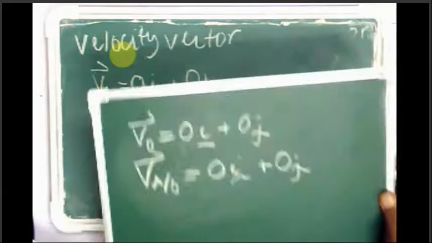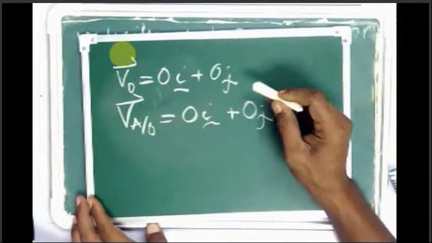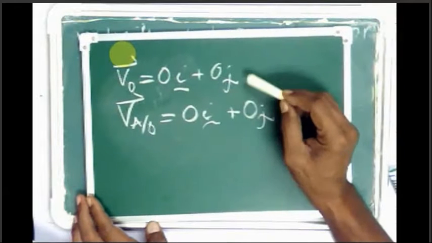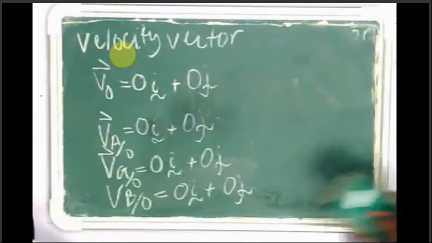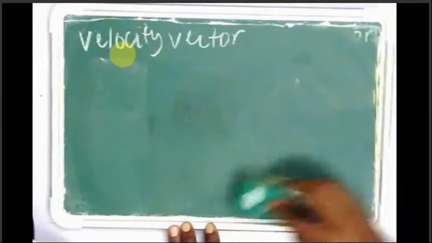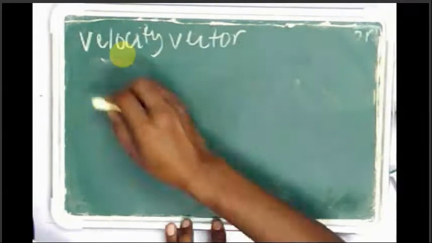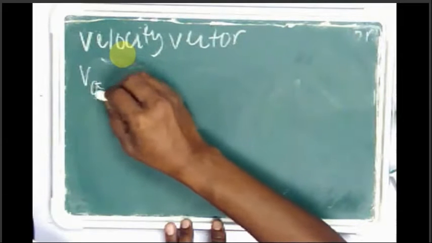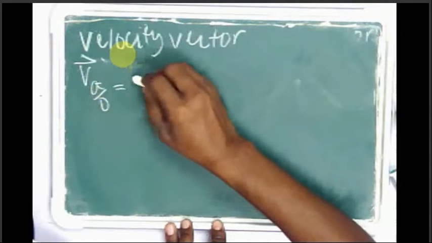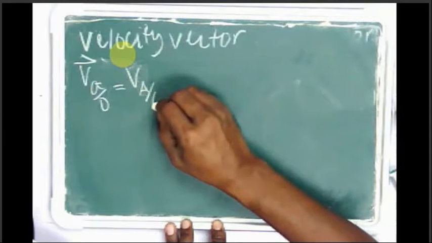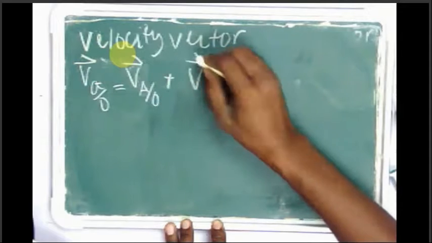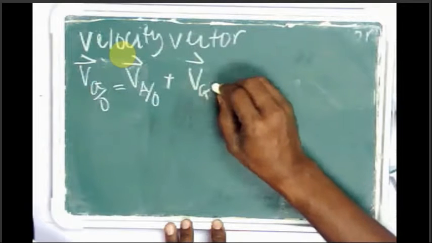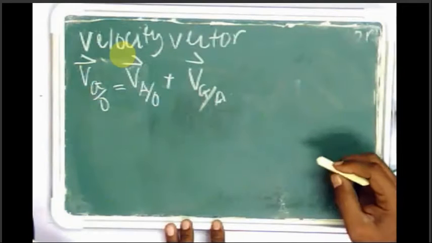So we're going to write this again because we're going to use this information to evaluate the velocity at the mass center and B. Right, the velocity at the mass center can be written as the absolute velocity of A plus the relative velocity of G relative to A, right?